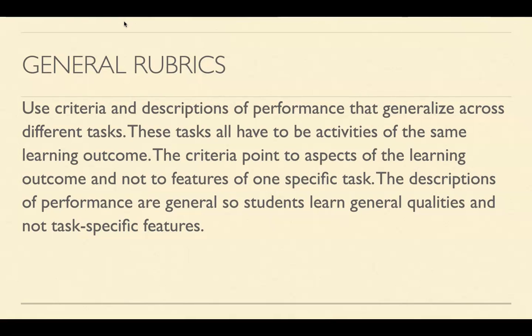The criteria point to aspects of the learning outcome and not to features of one specific task. We want our criteria to measure multiple aspects of the objective that we're measuring. The descriptions of performance are general, so students learn general qualities and not task-specific features, and so that students can submit differing types of assignments in order to demonstrate their learning.